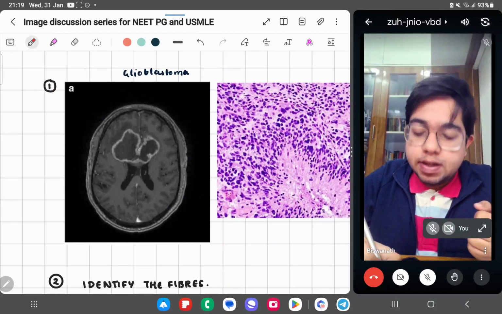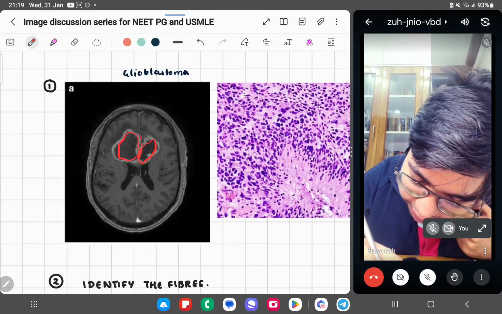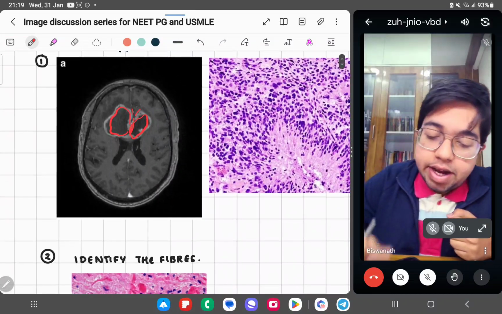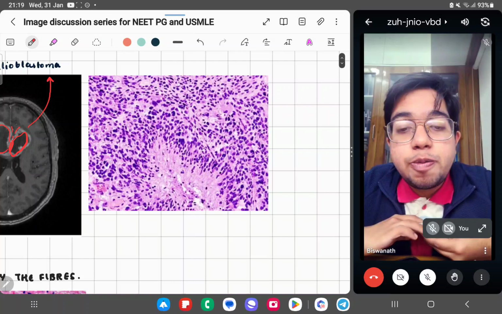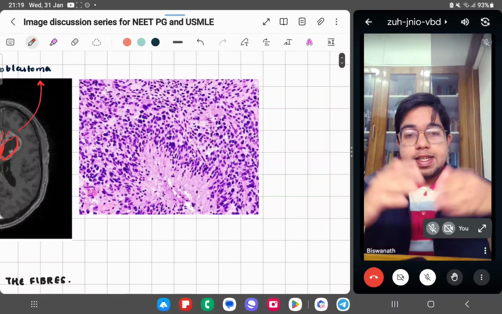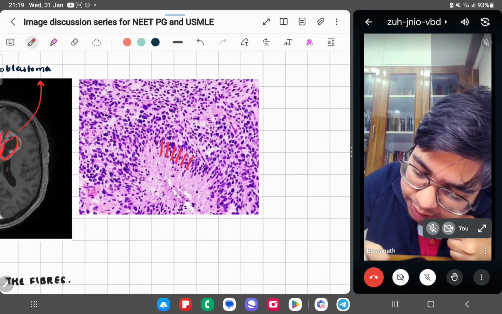A butterfly appearance on the MRI, which is indicative of glioblastoma. And in the microscopy, the cells are arranged fence-like, a fence-like pattern.